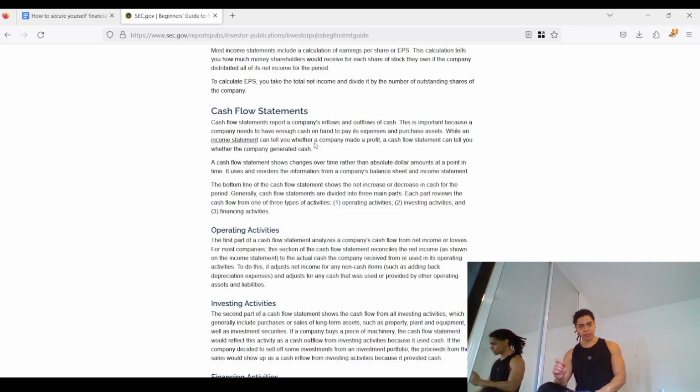The way it does that is by adjusting the net income for any non-cash items, items that affect the income statement, such as depreciation, amortization, or stock-based compensation. Okay, as well as adjusting the total amount of cash that was received or used by other operating assets and liabilities.